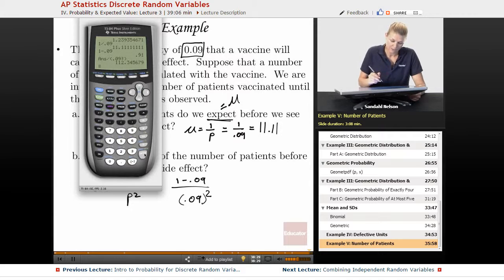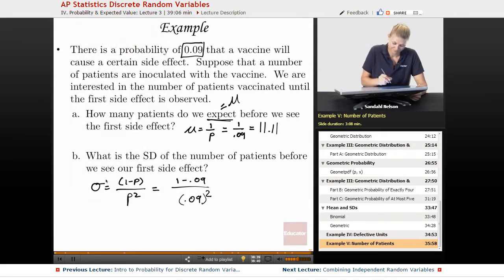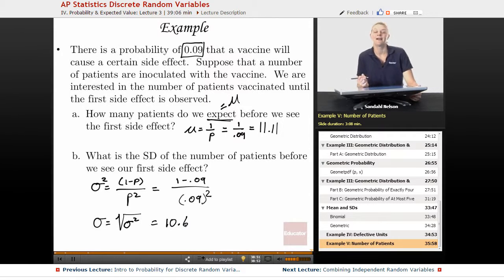Okay, and then we're taking the square root of that, right, because that's the variance. So it's 10.59 or 6. I should write that. Okay, so we expect to see 11.1 with a standard deviation of 10.6 before we see our first side effect.